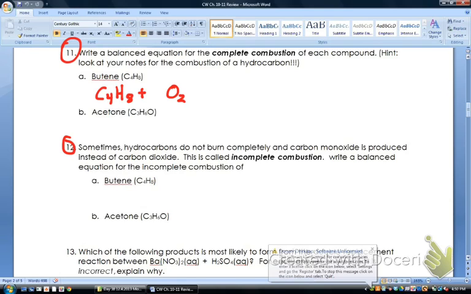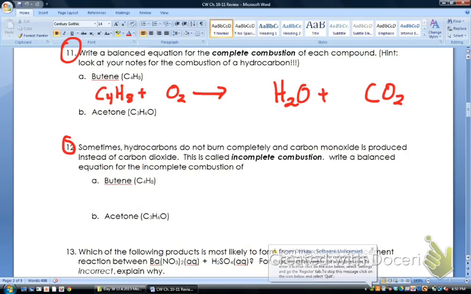So anytime we have a combustion reaction, remember it's O2, so the gaseous form of oxygen. Draw a little reaction arrow, and if you remember, the 2 products of a complete combustion reaction are H2O and CO2. So those are our 2 products. So this is for the complete combustion of a hydrocarbon with oxygen. That's our equation. Now we have to balance it.